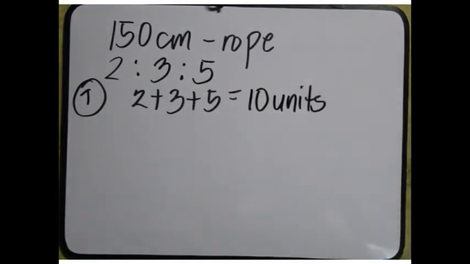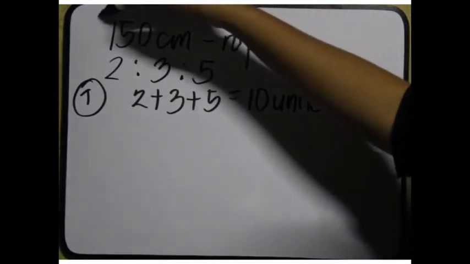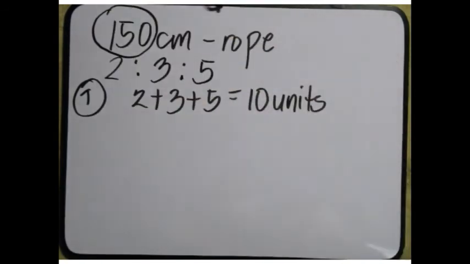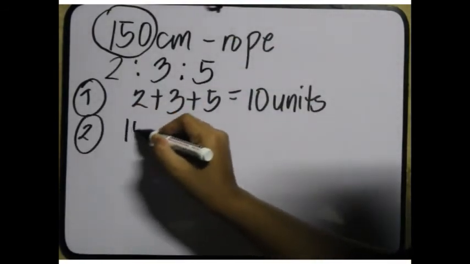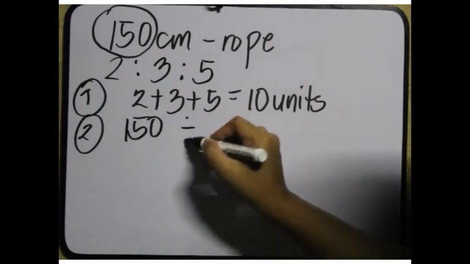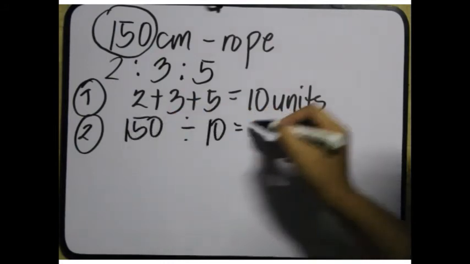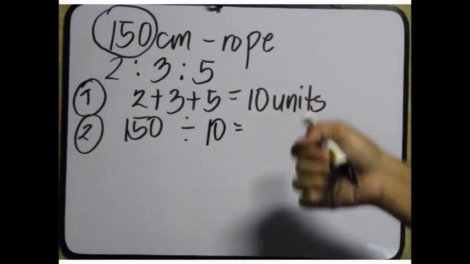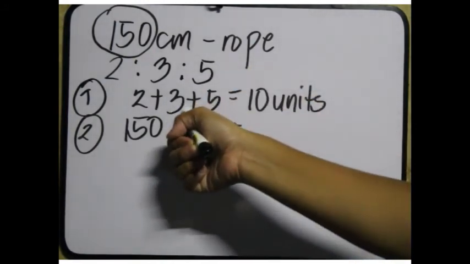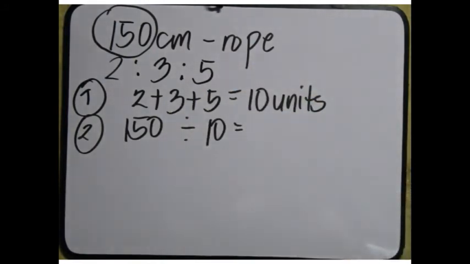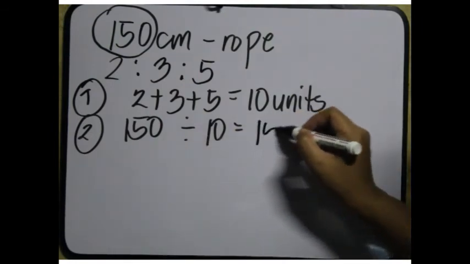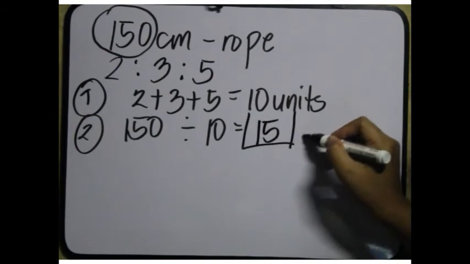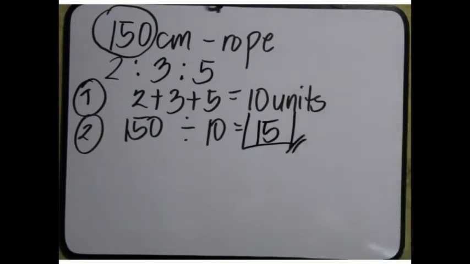Now, for the second step, our total is 150, so 150 divided by 10, which is the total of our ratio. So 150 divided by 10 is equal to 15. Okay, so now we have 15.